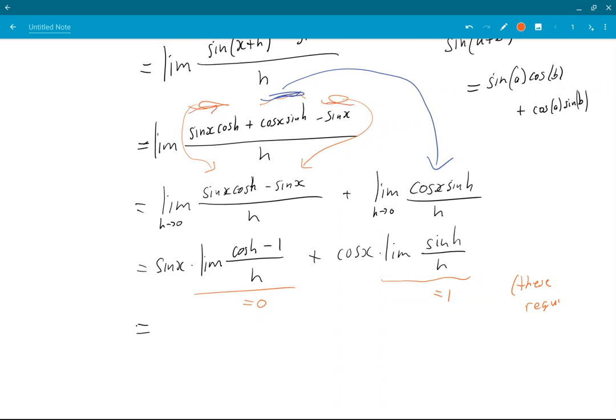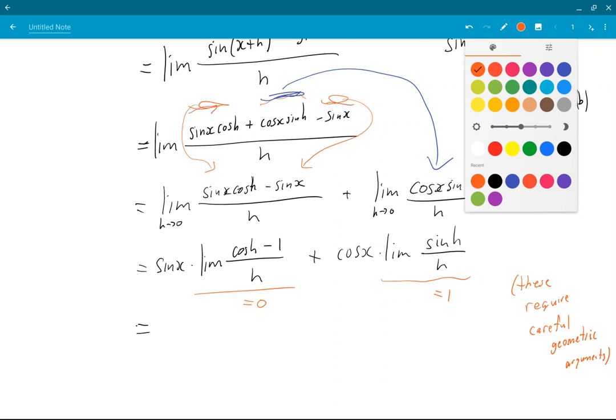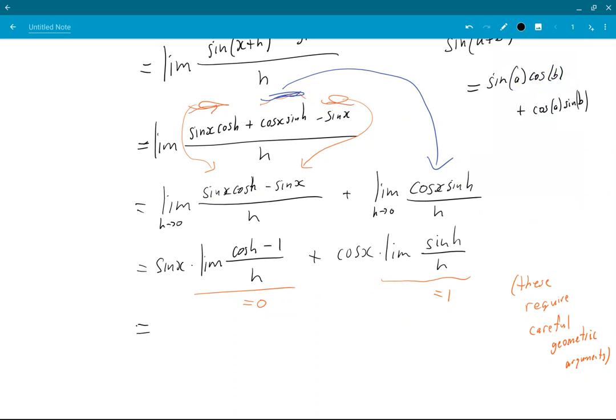These require careful geometric arguments to demonstrate. But what happens is I get 0 plus just cosine of x, giving me a cosine of x. Okay, and those limits here, again, they might be in your textbook, but these are certainly available upon request.